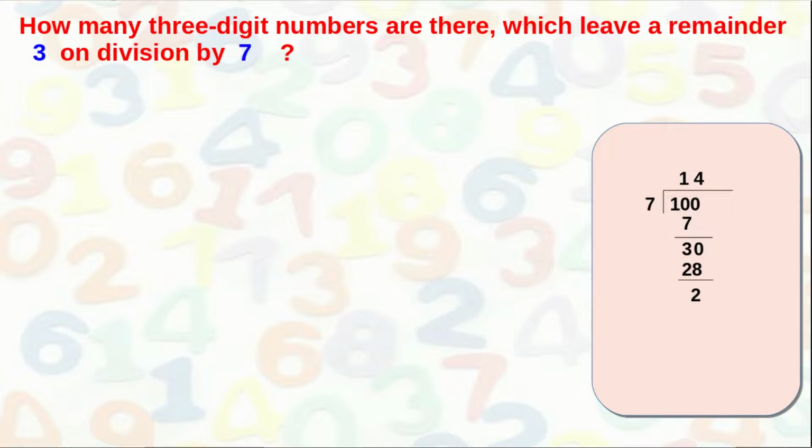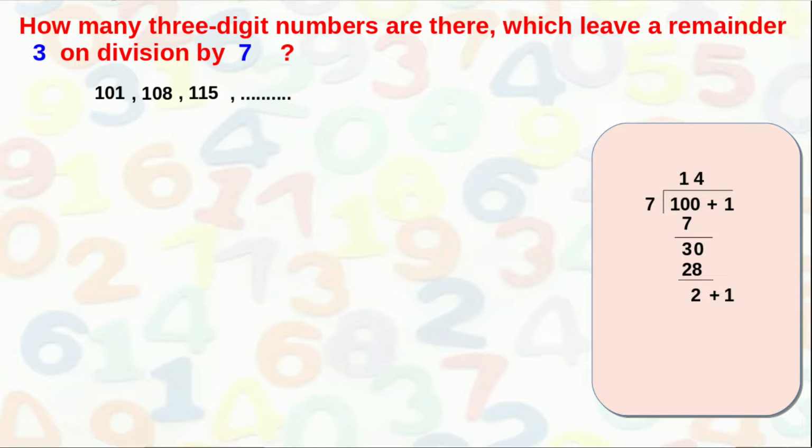For that, add 1 to the number 100 to get 101, and that is the first number of the sequence satisfying this condition. The next number will be 101 plus 7, that is 108. Third number 108 plus 7, 115, and so on.